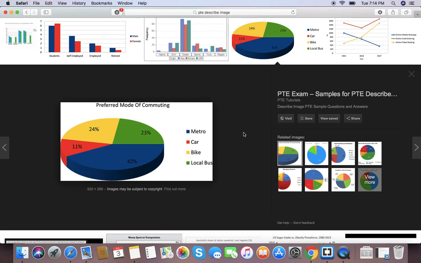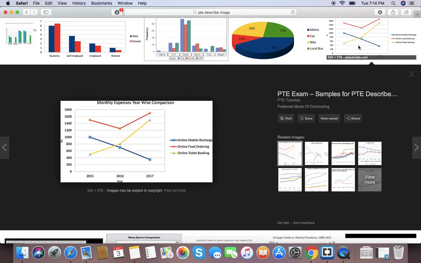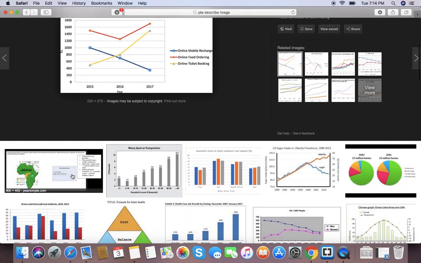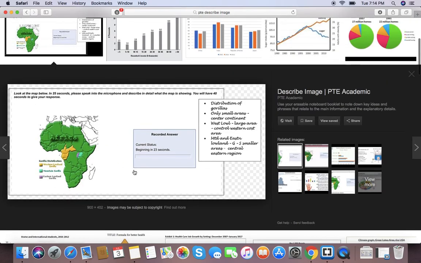This pie chart shows 4 different modes of commuting and their preference percentages. This line graph shows the year-wise comparison of different monthly expenses from 2015 to 2017. This is a map of Africa which shows the gorilla distribution among different parts.